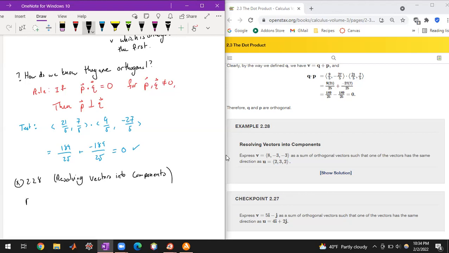Let's express V, which has components 8, -3, -3, as a sum of orthogonal vectors such that one vector has the same direction as our vector U that we're given.